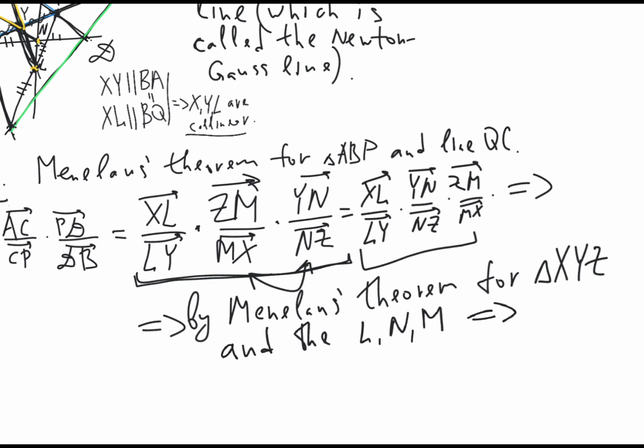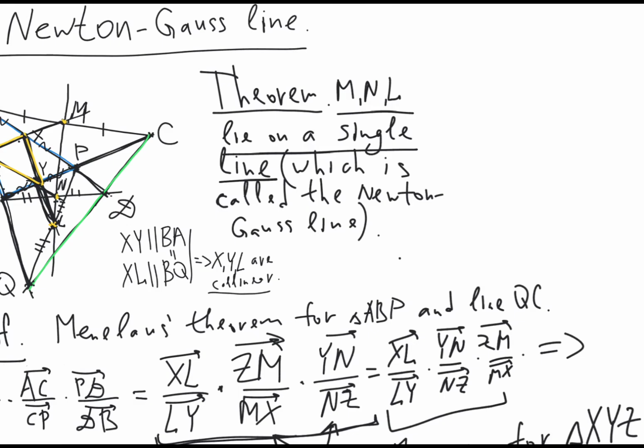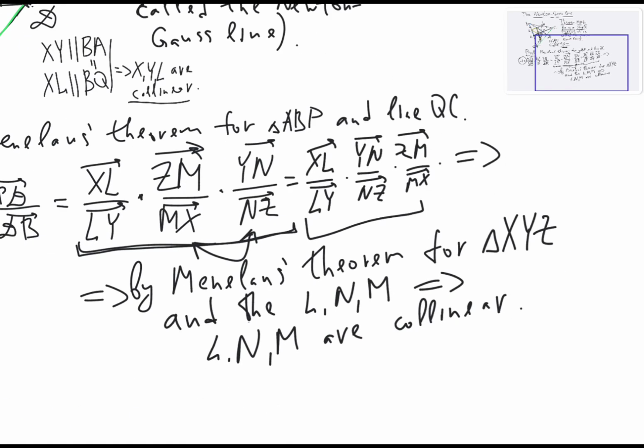We conclude that L and M are collinear, which is exactly what we needed to prove. L and M lie on a single line. This is exactly what we get. So this concludes the proof.